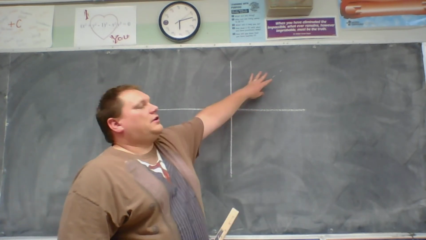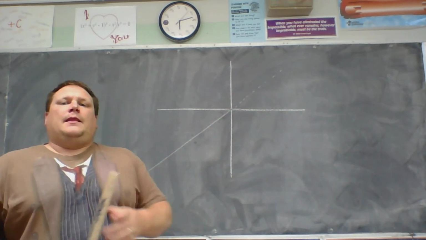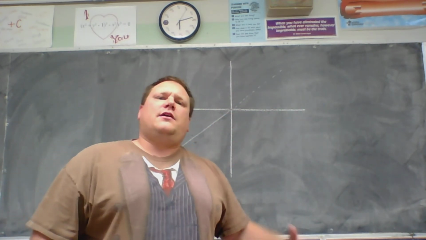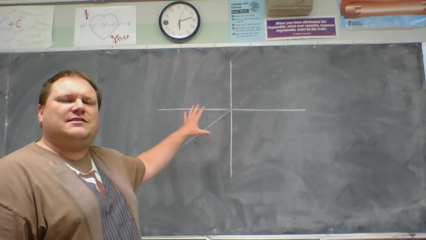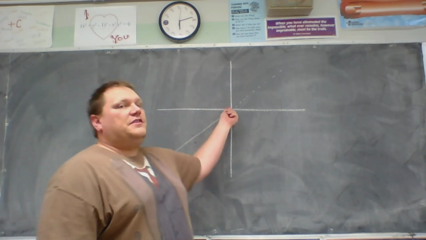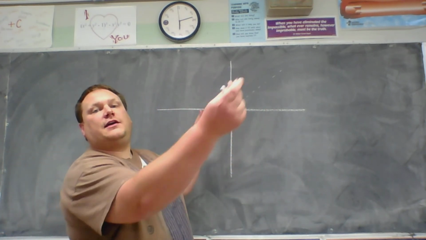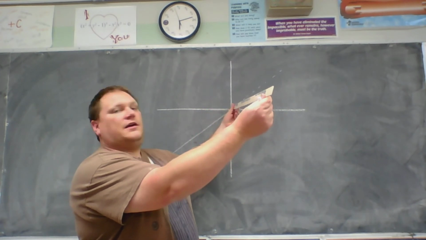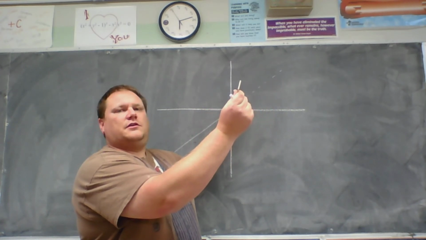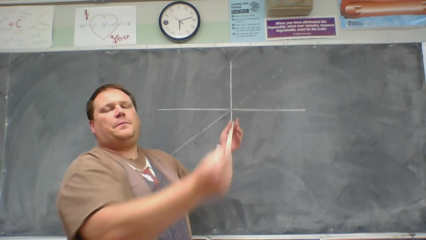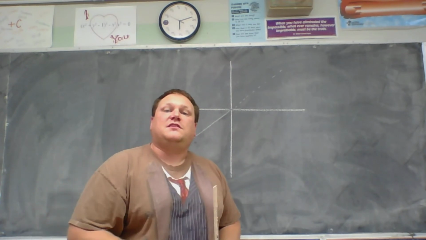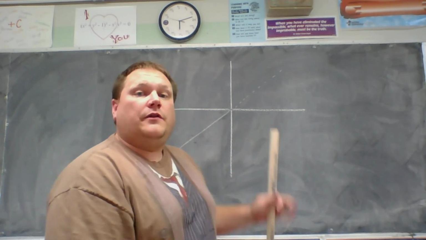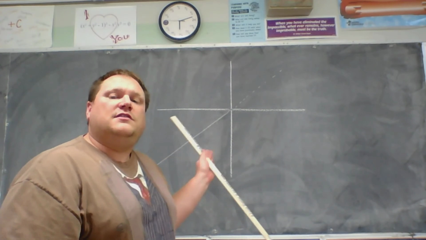So that would be looking into it. And so that's why we have these crazy axes that look like this. Know that this is coming out at you, kind of like the yardstick here. It's just pointed out. And with that, we will see how we can graph on this 3-dimensional set of axes.